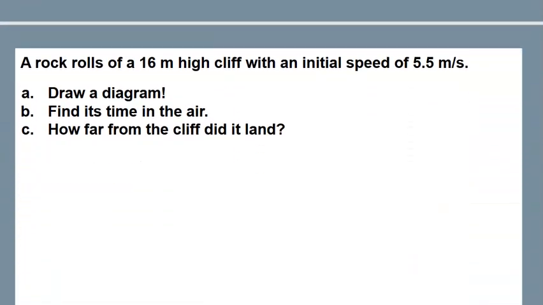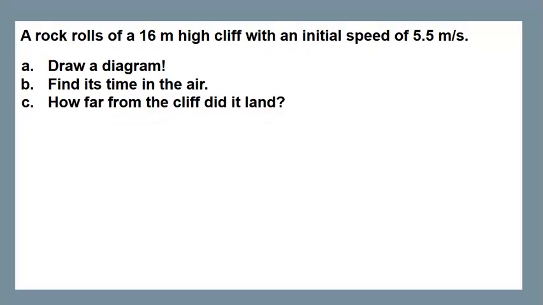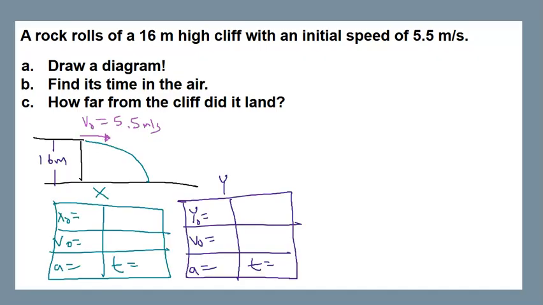All right, we are going to do this example problem, and then we're done. Here is the diagram. Set up your horizontal and vertical Sudoku, and then we will compare answers. Horizontally, the rock did not have a head start, so we can call that 0.